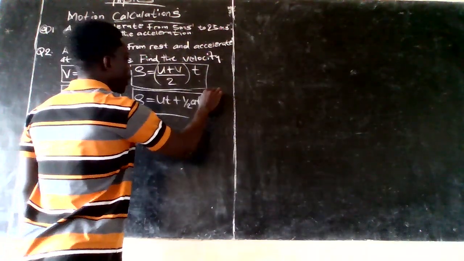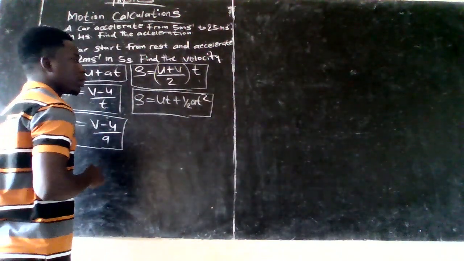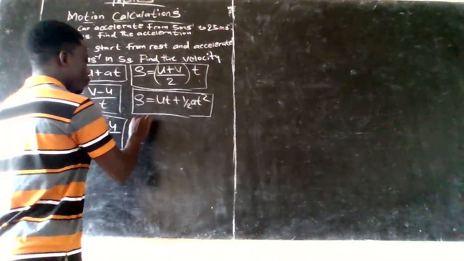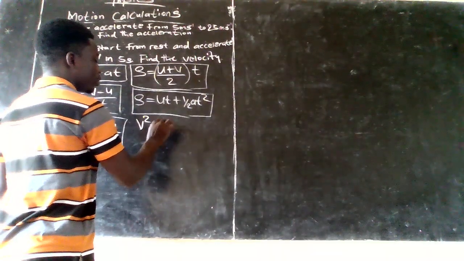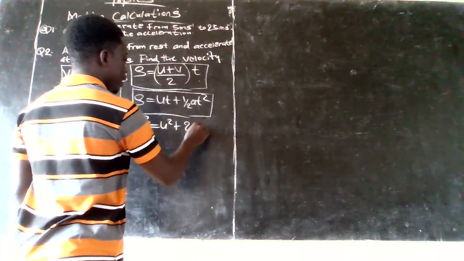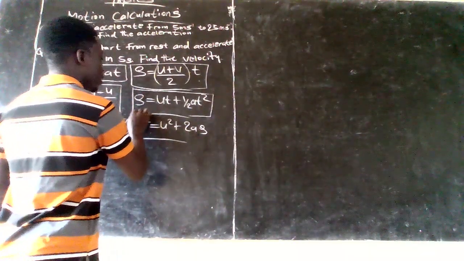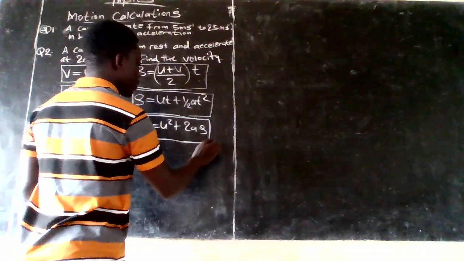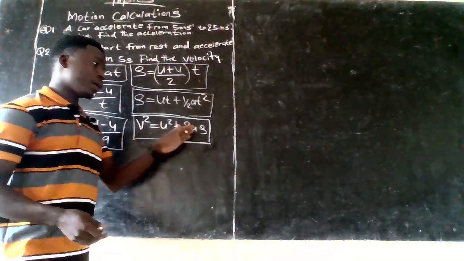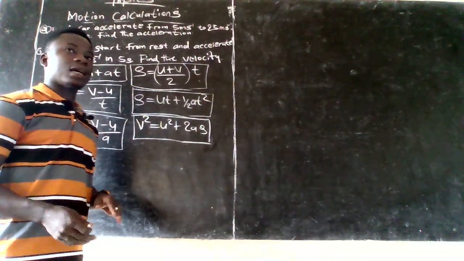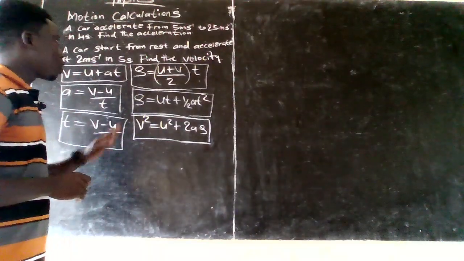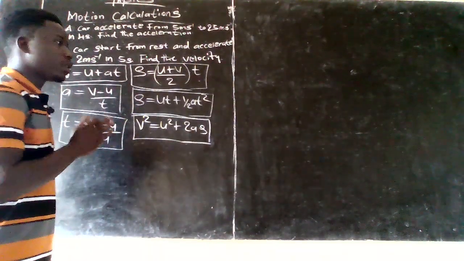This equation is also used to find distance. And here, V squared equals U squared plus 2AS, where you are asked to find the velocity and the time T is eliminated. So these are the equations we are going to use to solve these questions.